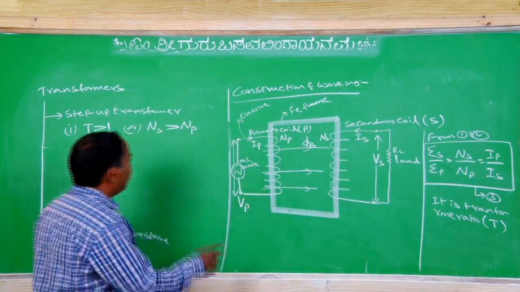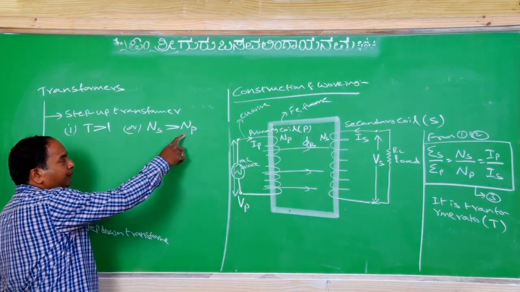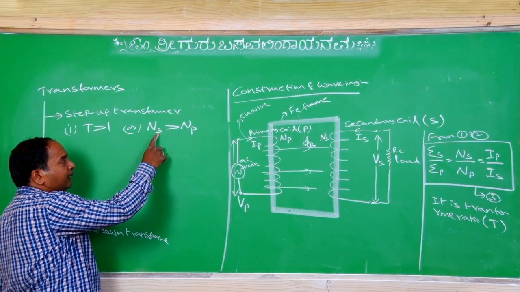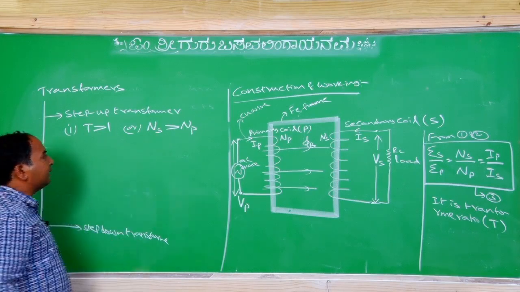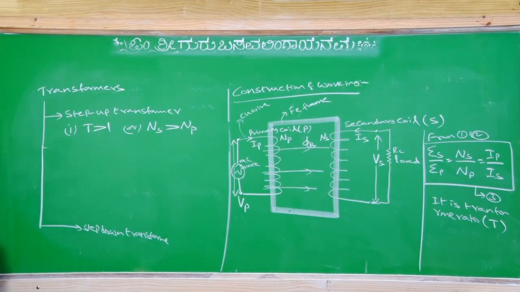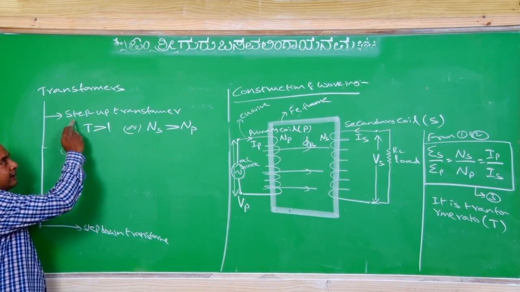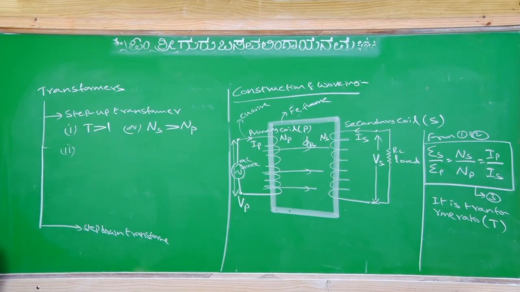That means in the primary coil the number of turns is less, and in the secondary coil the number of turns is more. That is a step-up transformer. This step-up is applicable for voltage.